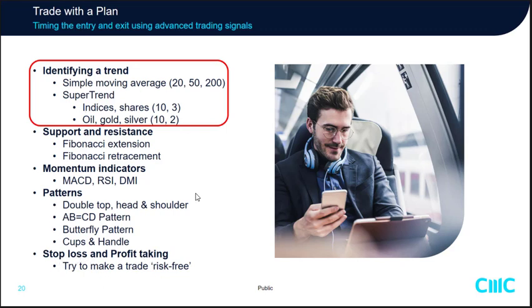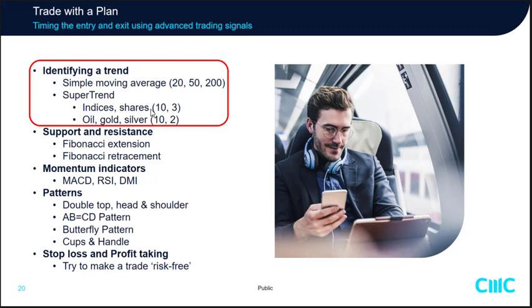So today we are going to focus on the first part of the trading strategy, identifying a trend. Here, I would like to highly recommend two useful tools. One is the simple moving average that many people are familiar with, and then SuperTrend is widely used in trading indices, shares, and commodities.